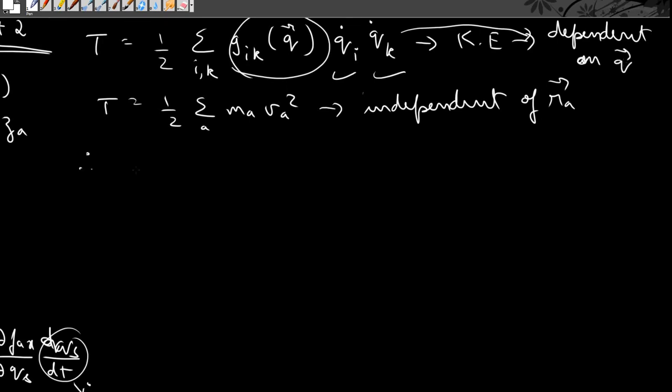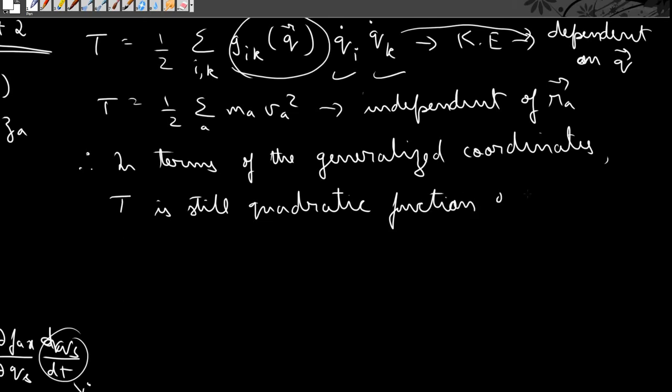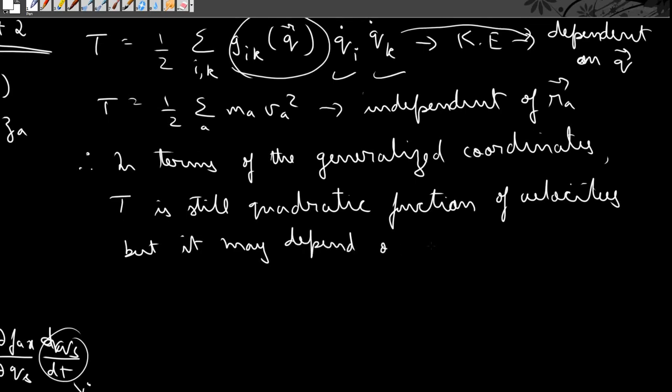Therefore, in terms of the generalized coordinates, T is still a quadratic function of velocities, but it may depend on coordinates also. All right, so that is something that is important to remember.